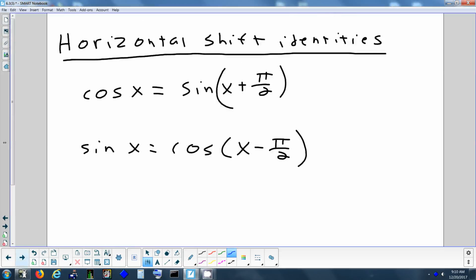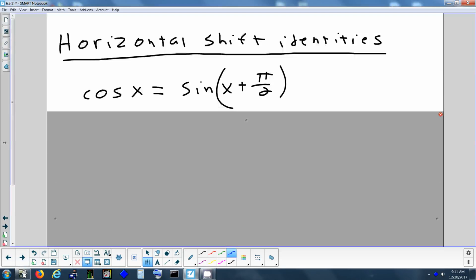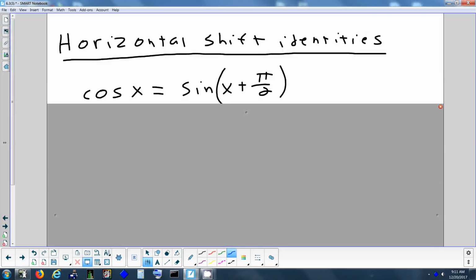All right. So, very first thing I showed you is that sine and cosine look almost the same. And this formula states that they are the same. They're just phase shifts of each other.